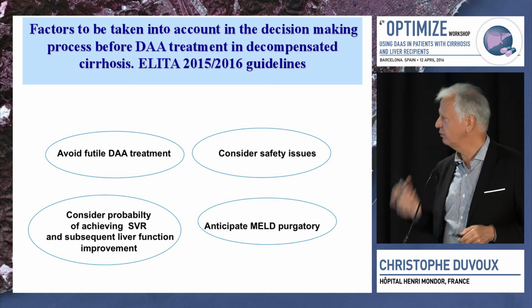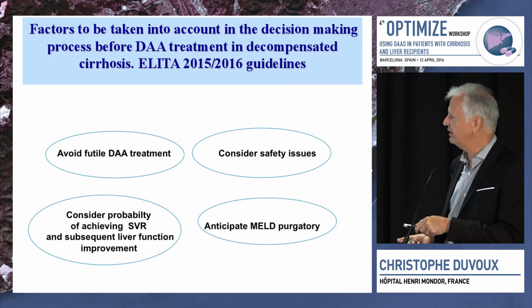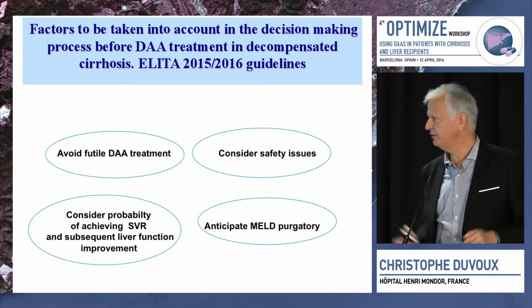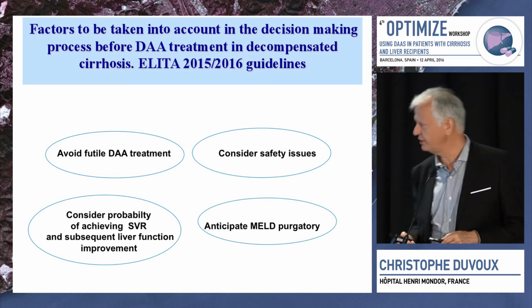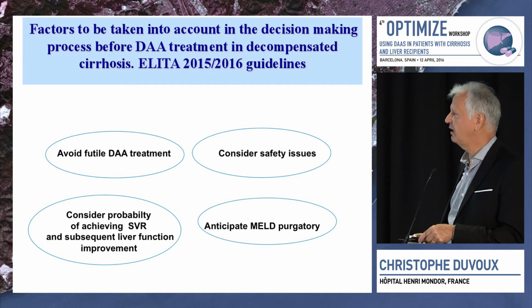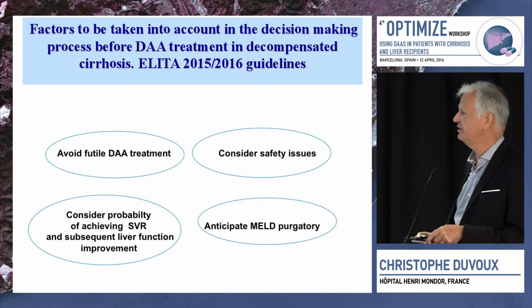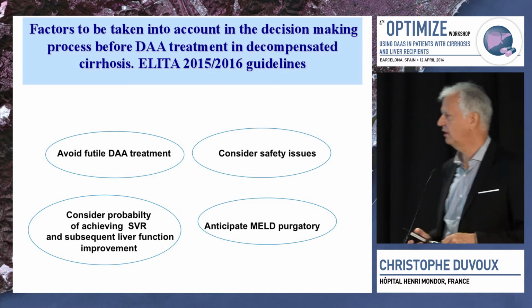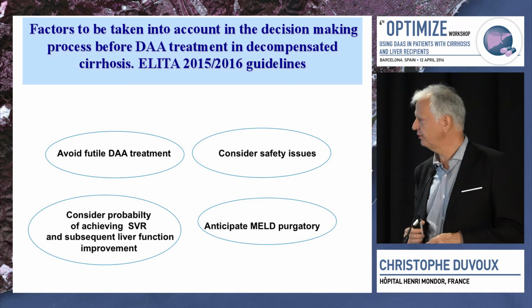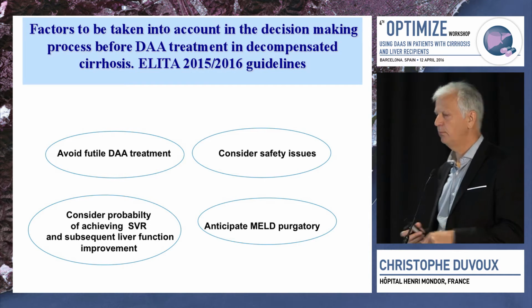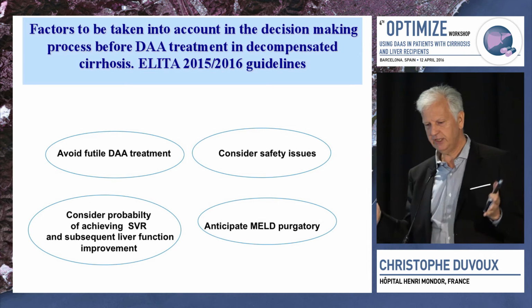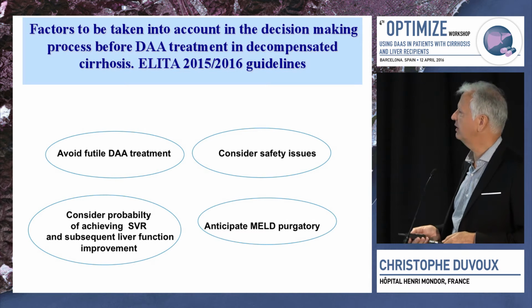We try to take into account all the factors we discussed in the morning session and this afternoon session. First, avoid futile treatment, consider safety and tolerability issues, consider the probability of achieving SVR and subsequent liver function improvement, and also anticipate MELD purgatory. So we have to take into account all these factors to take our decision.